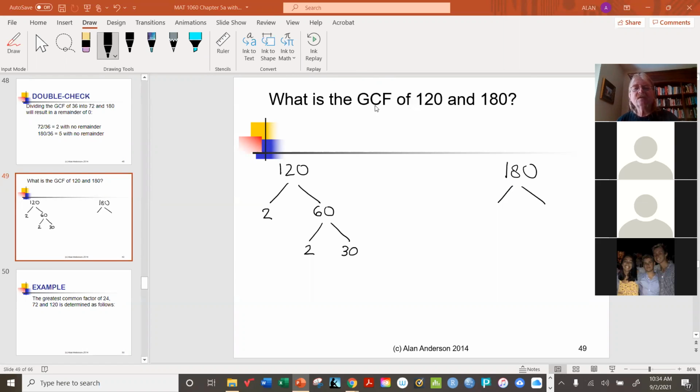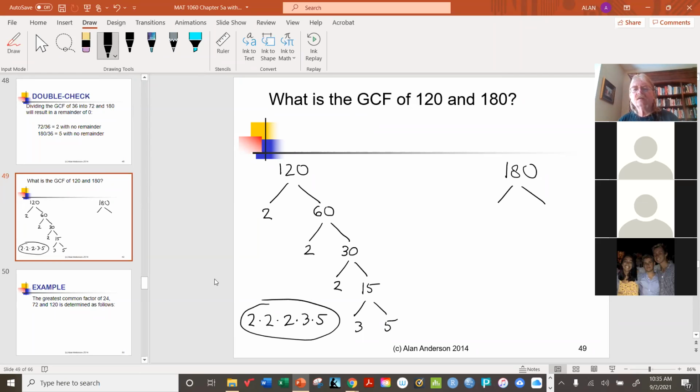60. All right, so we have one person who says 60. And so we keep going until we have all prime numbers. So the factorization here could be written as 2 times 2 times 2 times 3 times 5.